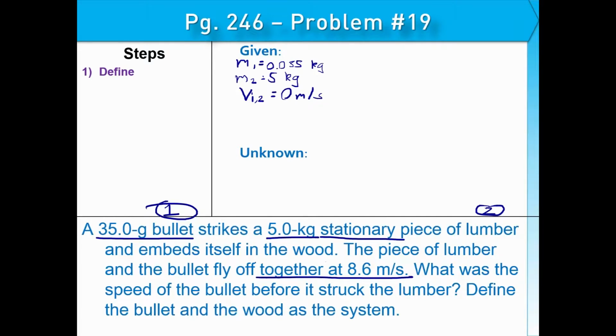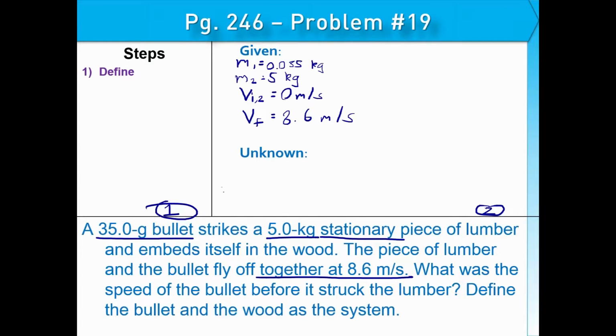Continuing forward, we see that the piece of lumber and the bullet fly off together at 8.6 meters per second. So the final velocity, which is the velocity after they collide, is 8.6 meters per second. Because they are stuck together, this tells you what type of collision it is and which equation you're going to use, which we'll show on the next slide.